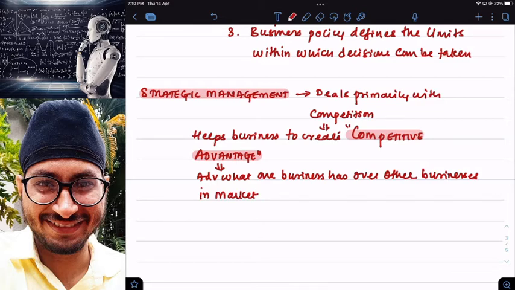There might be many reasons that the public might be preferring Activa compared to other vehicles, like less price, better features, low maintenance cost, a good looking vehicle, a reliable vehicle, a family vehicle. Because of these reasons, can I say Activa has an advantage over other vehicles in the market? This advantage which Activa has over others in the market is called competitive advantage.